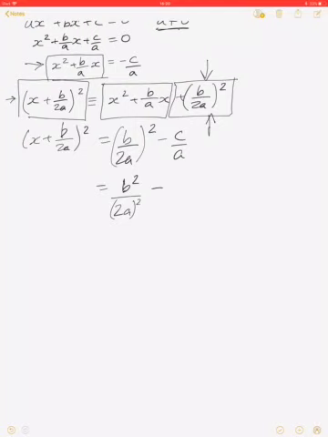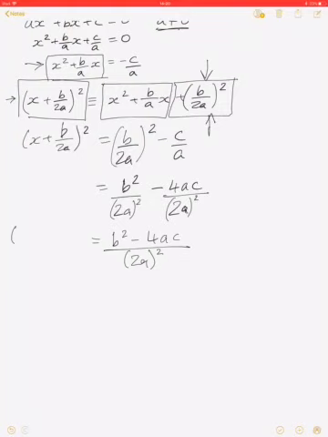Now I could leave that as c over a, but if I multiply the numerator and denominator both by 4a, I get 4a times c and 4a times a. 4a times a is 4a squared, and 4a squared is just 2a all squared, which means those fractions now have the same denominator, and so I can rewrite those two fractions as a single fraction, b squared subtract 4ac all over 2a squared.